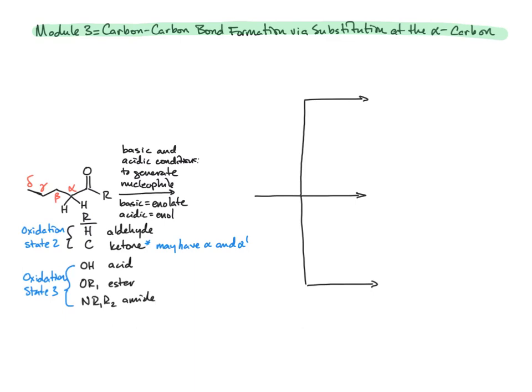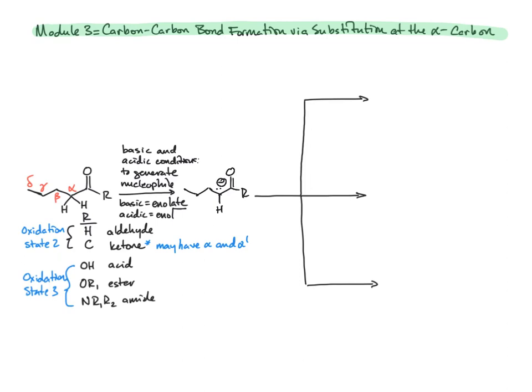So for the purposes of this screencast, we're just going to draw the enolate structure. Again, terms that end in ATE have negative charges in them. So we're deprotonating the alpha position. And this species here is called an enolate.